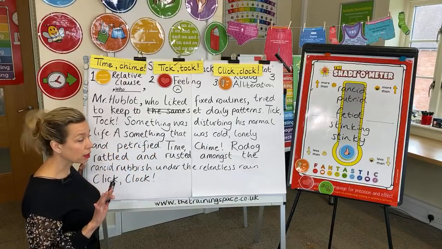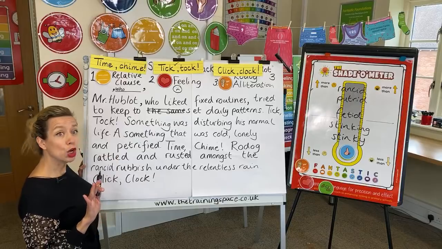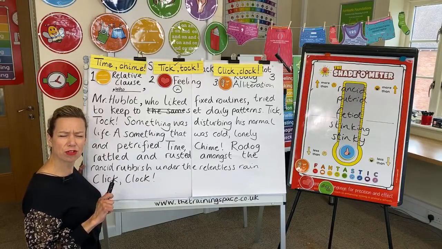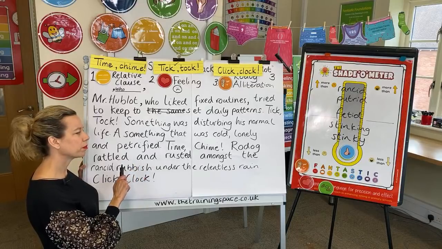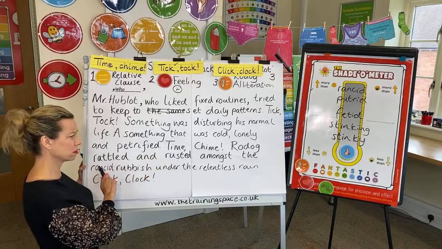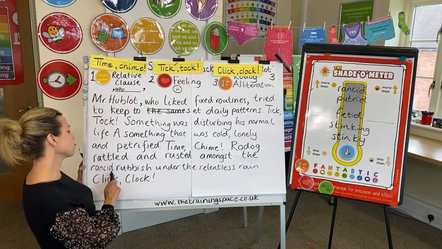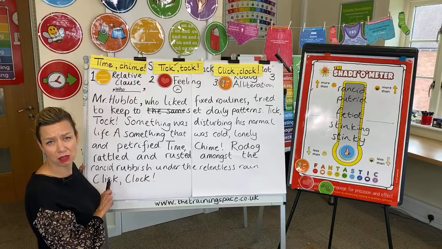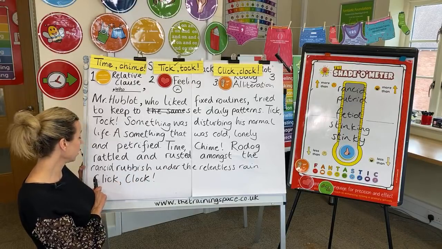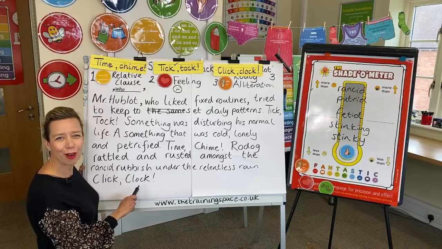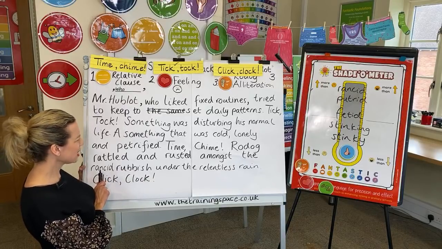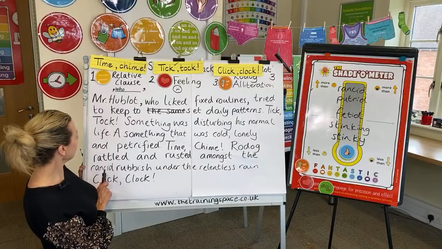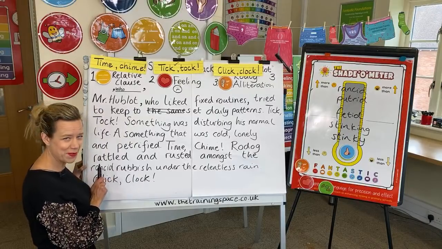A something that was cold, lonely, and petrified. Time, chime. Road dog rattled and rusted amongst the rancid rubbish under the relentless rain. Click, clock. Oh, Mrs. C, you've really impressed me today.